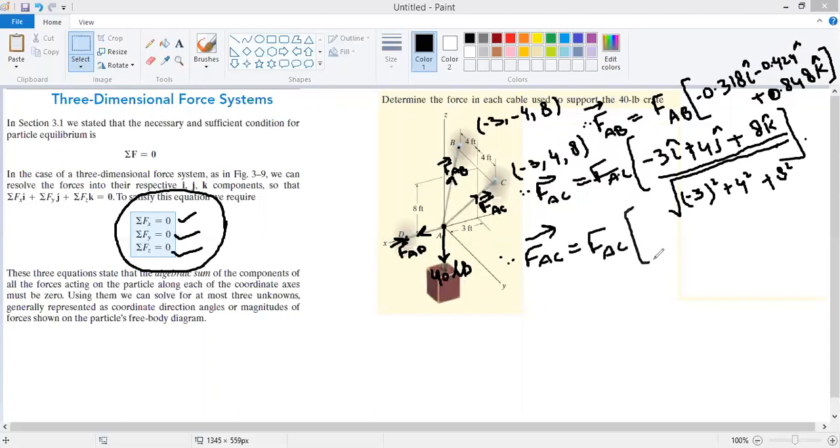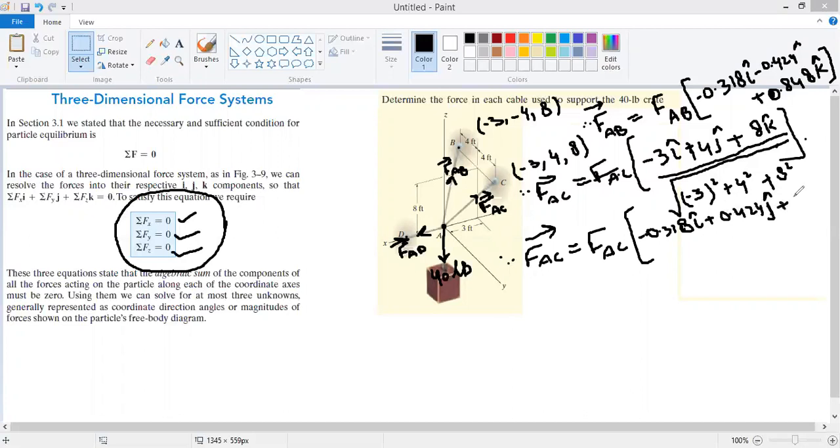Then we have minus 3 divided by this much, that's again minus 0.318 i cap, and then 4 divided by this term, that is plus 0.424 j cap, and the last term, 8 divided by this much, that is plus 0.848 k cap.